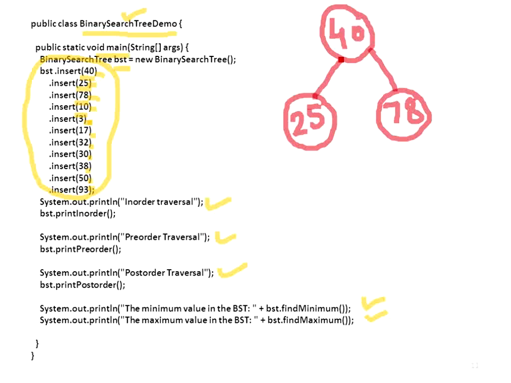Okay, 10 to the left and below 25. So it will be like this, 10. And then 3. So 3 will be where? Okay, towards left of 10. Good.